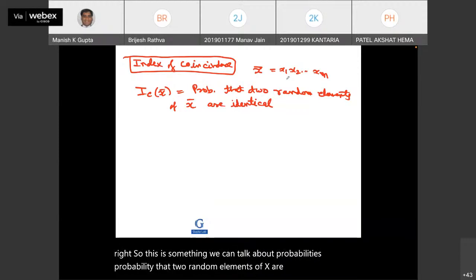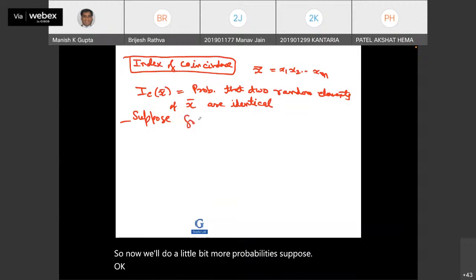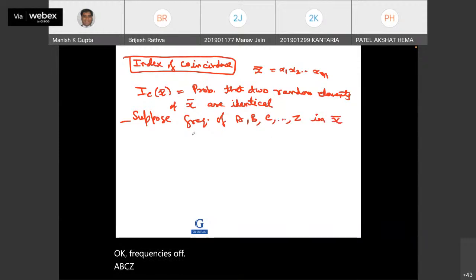Okay. So now we'll do a little bit more probabilities. Suppose the frequencies of A, B, C, up to Z in x are F0, F1, up to F25, since there are 26 letters in total, respectively.